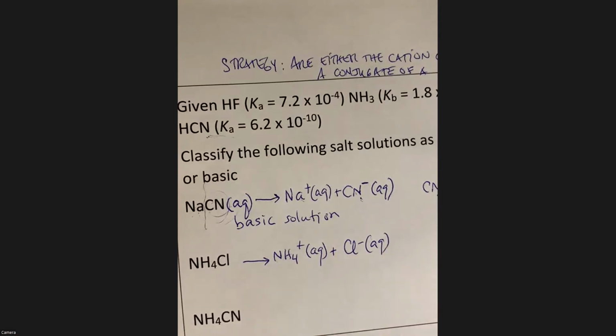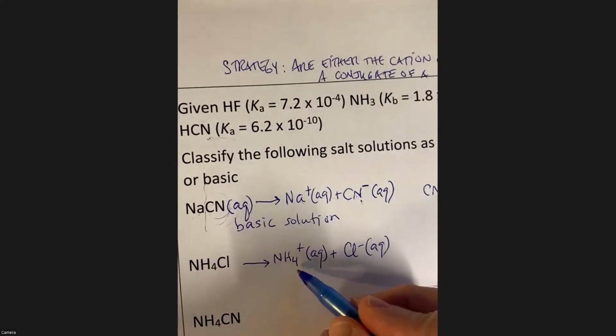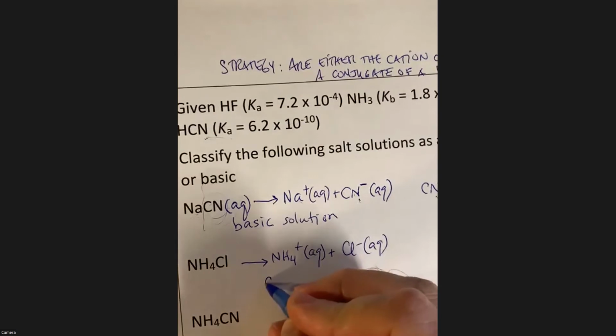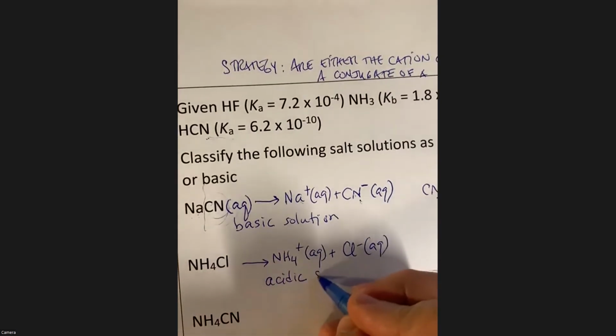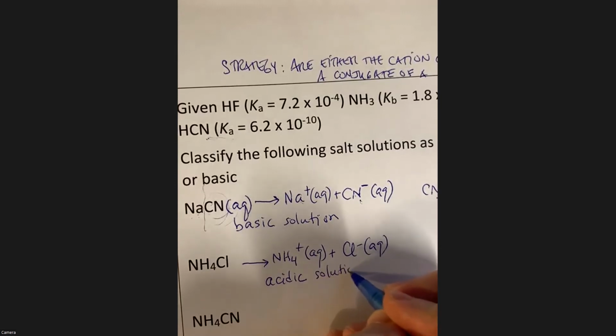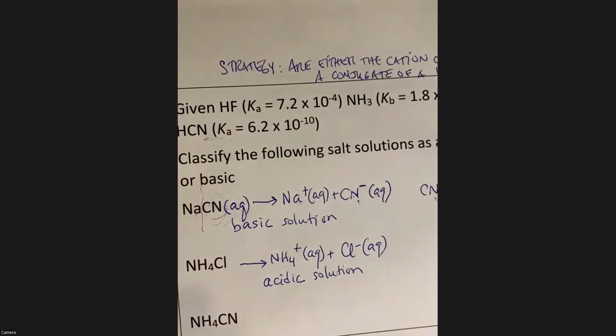So what am I looking for here? I'm going to let you work it out and tell you that this particular salt is going to be slightly acidic. Can anybody tell me why? Why does the ammonium ion give me a very good donor?